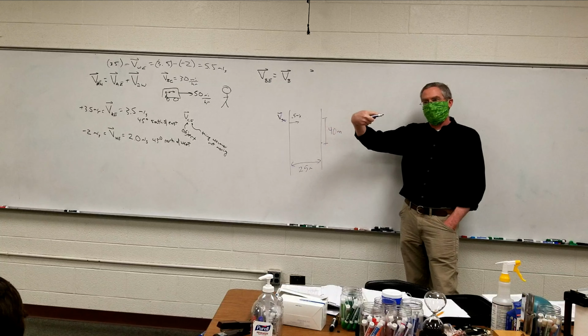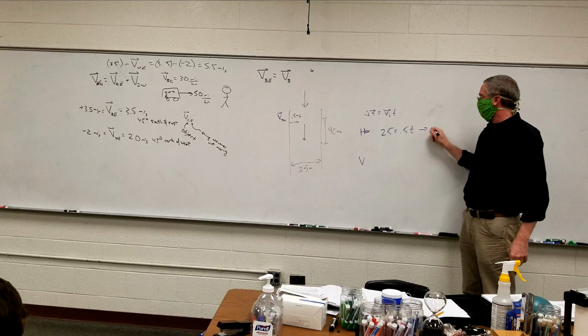So yes, we are using cake formulas, but with acceleration equal to 0, the plus 1/2 at squared drops out. And so horizontally, we get 25 is equal to 0.5 t, and therefore t is equal to 50 seconds.